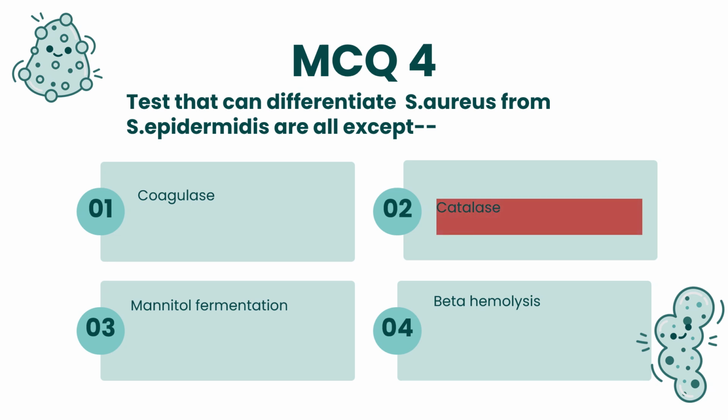Catalase test. Catalase test is positive in all Staphylococcus species. It is used to differentiate between Staphylococcus and Streptococcus, because Streptococcus is negative in catalase while Staphylococcus is positive. But when you have to differentiate between the species, then coagulase, mannitol, and beta hemolysis are used to differentiate between aureus and epidermidis.